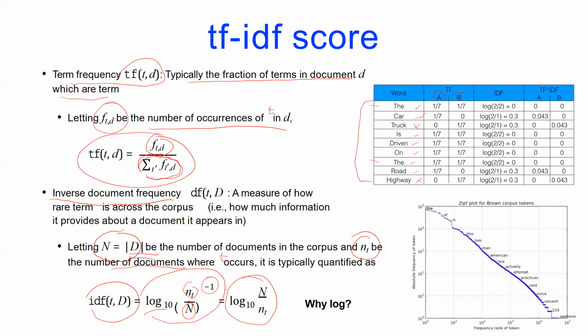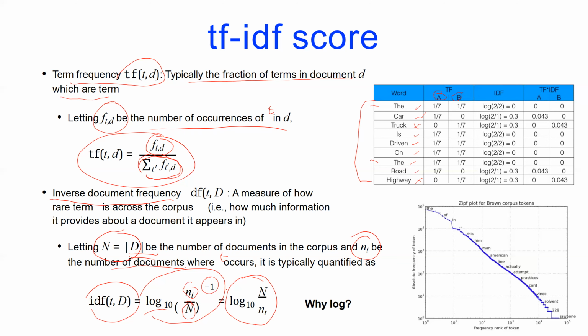But then why do we do log? It's very simple. In machine learning, when we take a log, usually we are handling super large or super small numbers. Typically here N is a super large number. Think about Wikipedia, N is probably a huge number, a lot of documents.